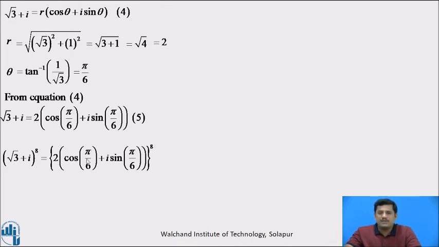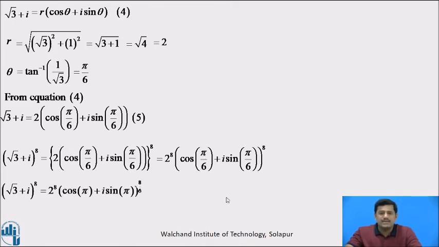Now taking the separate powers of these two terms, we get 2 raised to 8 into the bracket raised to 8. Again doing the same thing, applying De Moivre's theorem in reverse order, that is taking this coefficient 1 by 6 in the power, we get 2 raised to 8 into the bracket cos pi plus i sin pi raised to 8 by 6. And this 8 by 6 is nothing but 4 by 3.